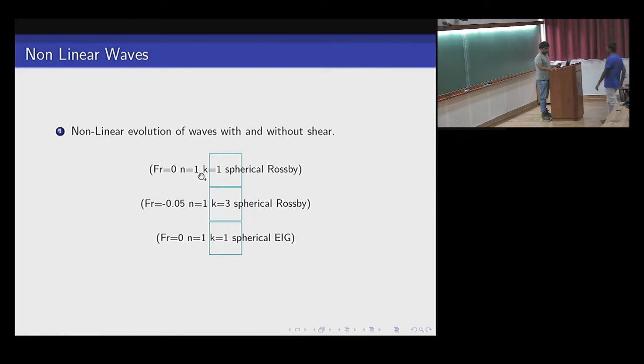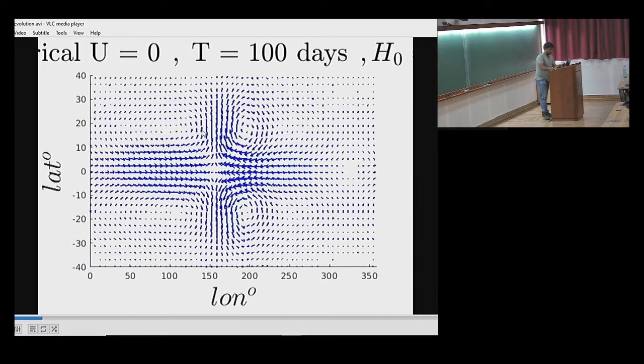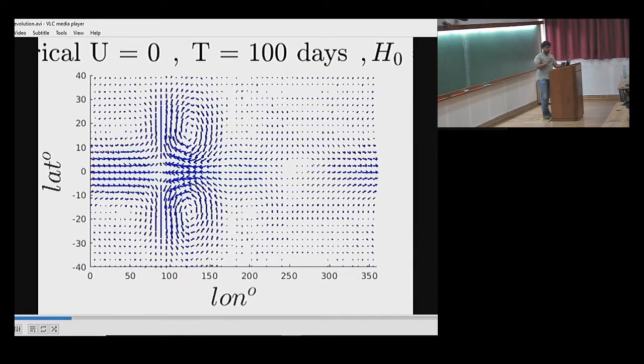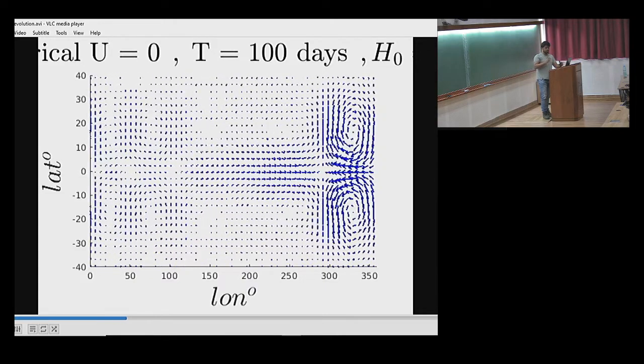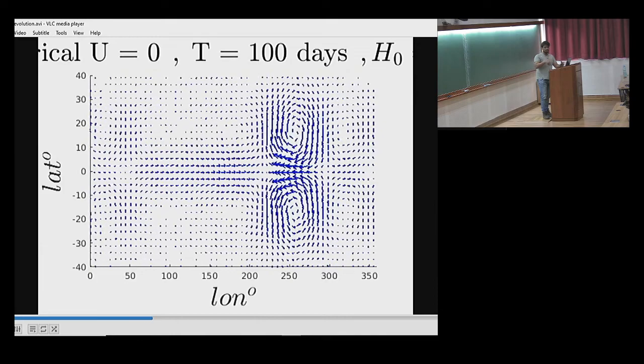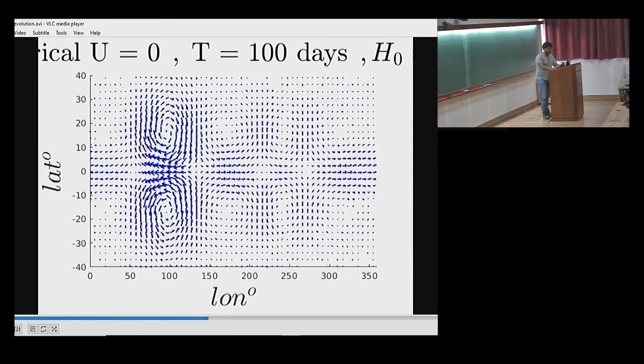So the n in this represents the meridional mode number. n equal to 1 means that there are two sort of gyres. If this was a linear wave, it would just go, for example, westward with the phase speed, but you could see some undulations along the latitude in the case of a nonlinear system.